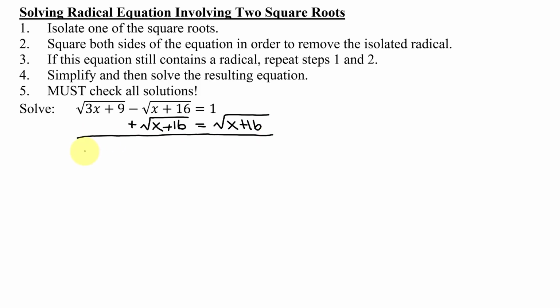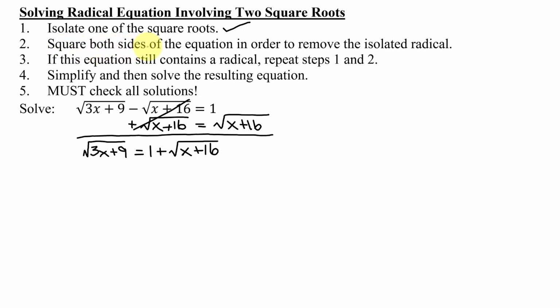So I'm going to get the square root of 3x plus 9. These two radicals add up to 0 equals 1 plus the square root of x plus 16. So I've isolated one of the square roots.